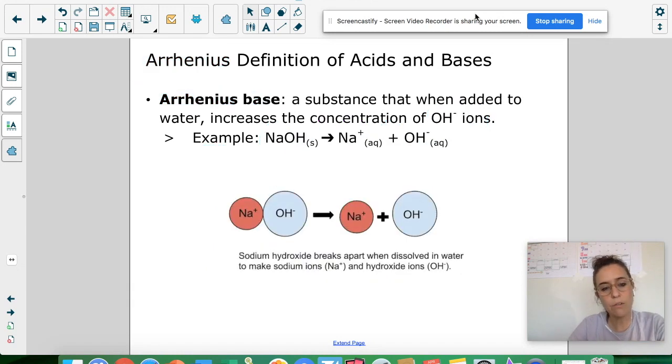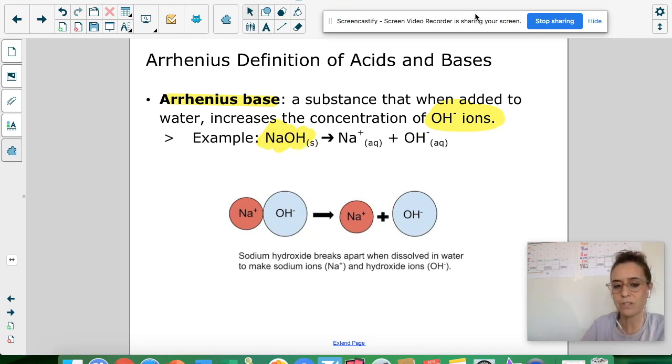What's going to be an Arrhenius base then? Well, it's going to be a substance that, when it's added to water, so when we have it in aqueous solution, is going to increase the concentration of the hydroxides, okay? So for example, based on Arrhenius' definition of acids and bases, an Arrhenius base is sodium hydroxide.